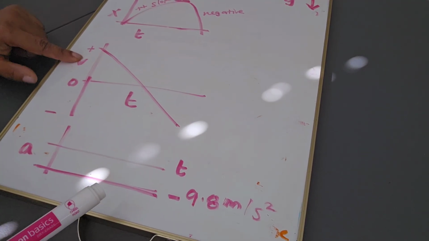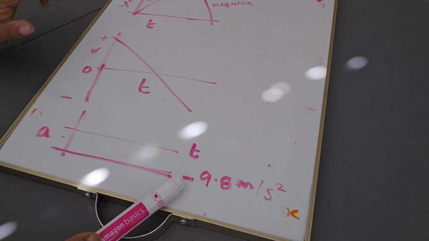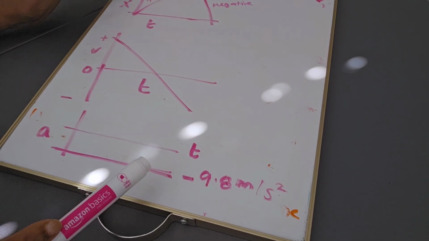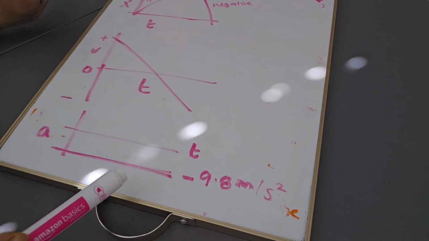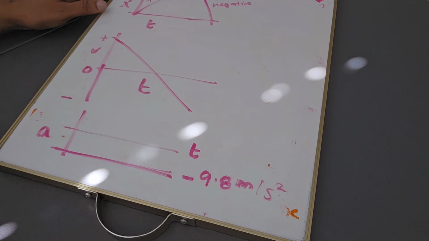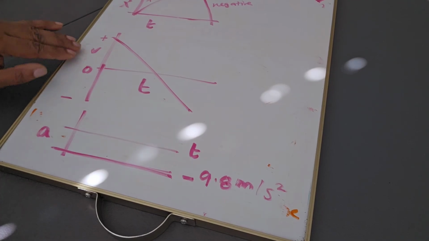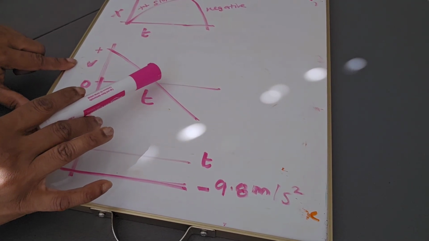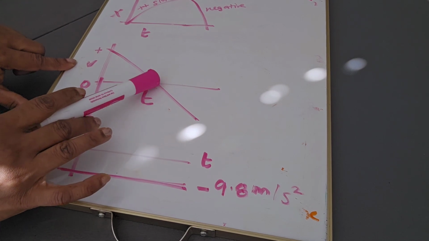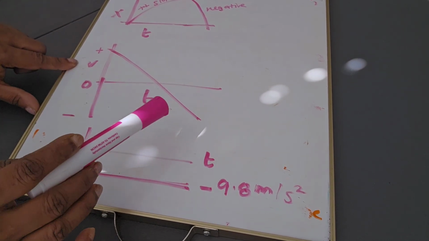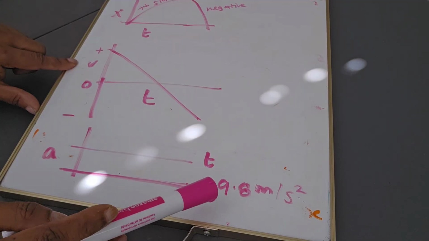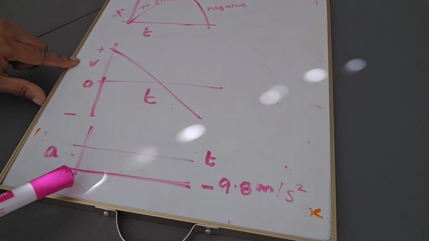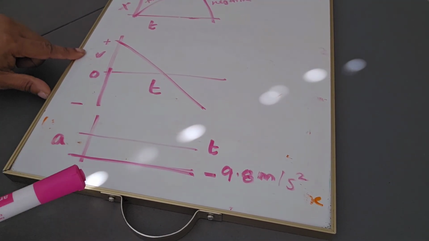And it also matches my negative 9.8, because this is only under the influence of gravity, which is acting down at negative 9.8 meters per second squared. So keep that in mind when you are sketching projectile problems. This is a very common thing that you will see: where is the maximum reached? You match the time where the slope is zero, and then the acceleration is always going to be negative 9.8 when you're asked to sketch your a-t curve.